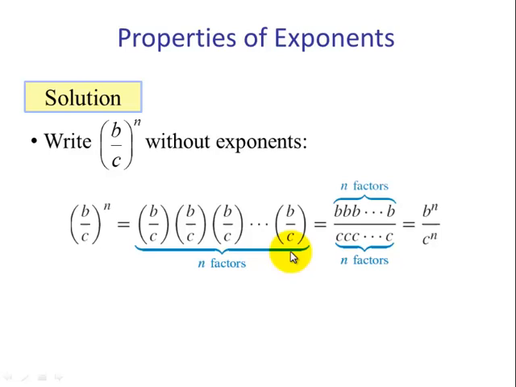So this is the n factors that we have for our base, b divided by c. Multiplying the numerator, we will have b times itself n times, which is b to the n, divided by the denominator, c times c times c, and we do that n times, and that is c to the n. Again, this can be verified using the graphing calculator and picking values for b, c, and n.